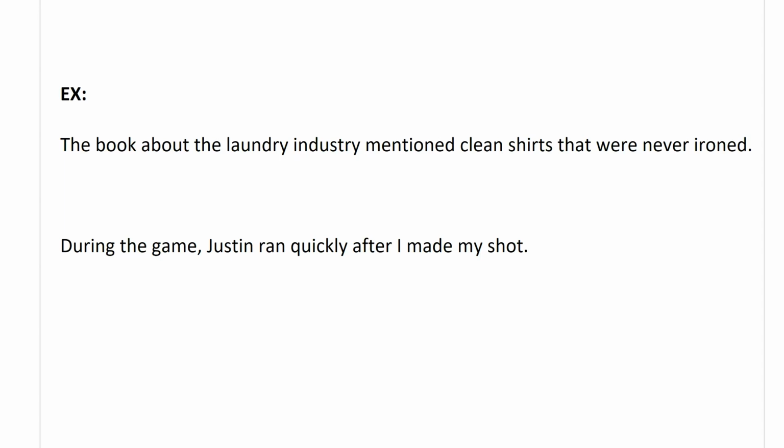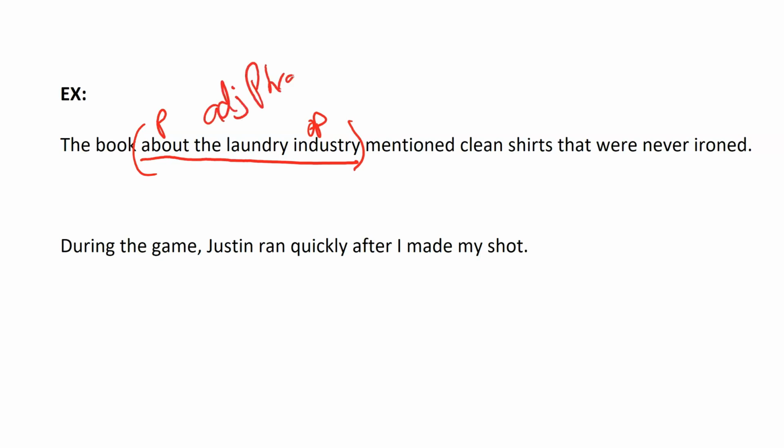Okay, the first sentence. The book about the laundry industry mentioned clean shirts that were never ironed. Well, right here we have about the laundry industry, and that's a prep phrase. About is your preposition. Industry is your OP. And this is an adjective phrase, and it describes the book.